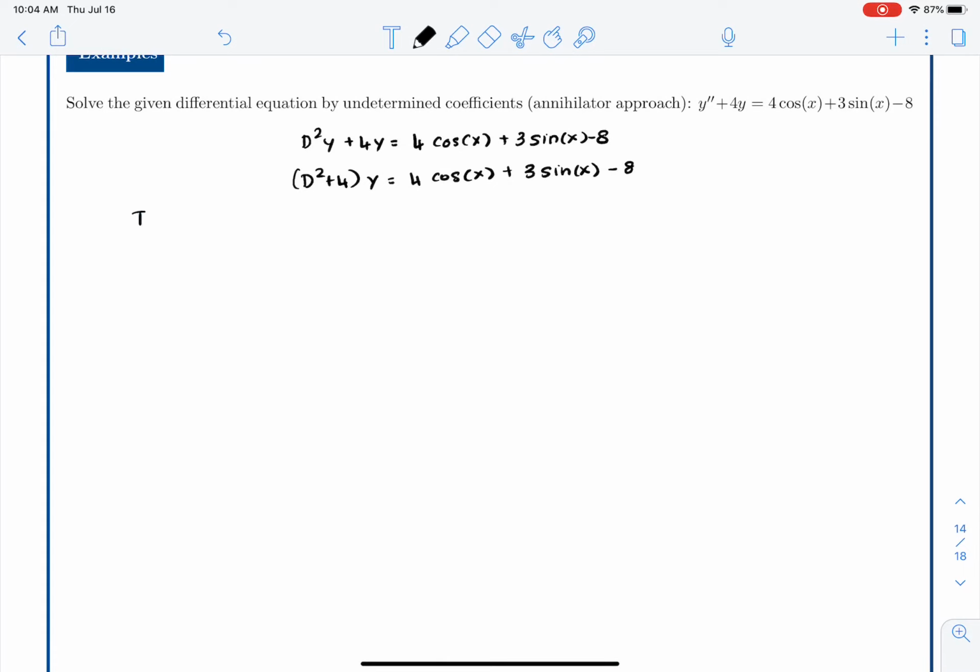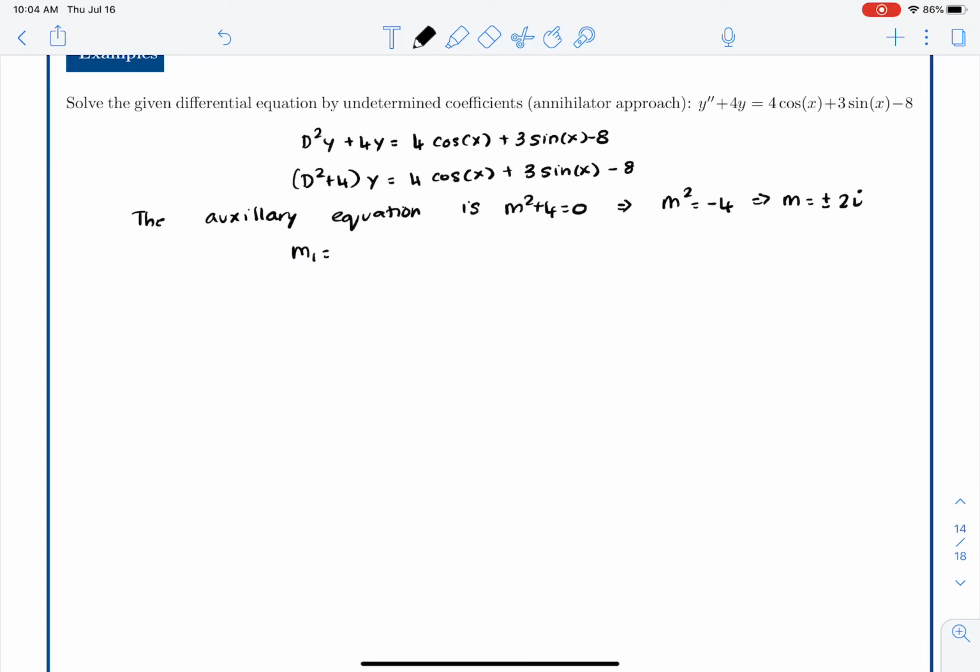The auxiliary equation is m squared plus 4 equals 0, which would imply m squared is equal to minus 4, so m is plus or minus 2i.